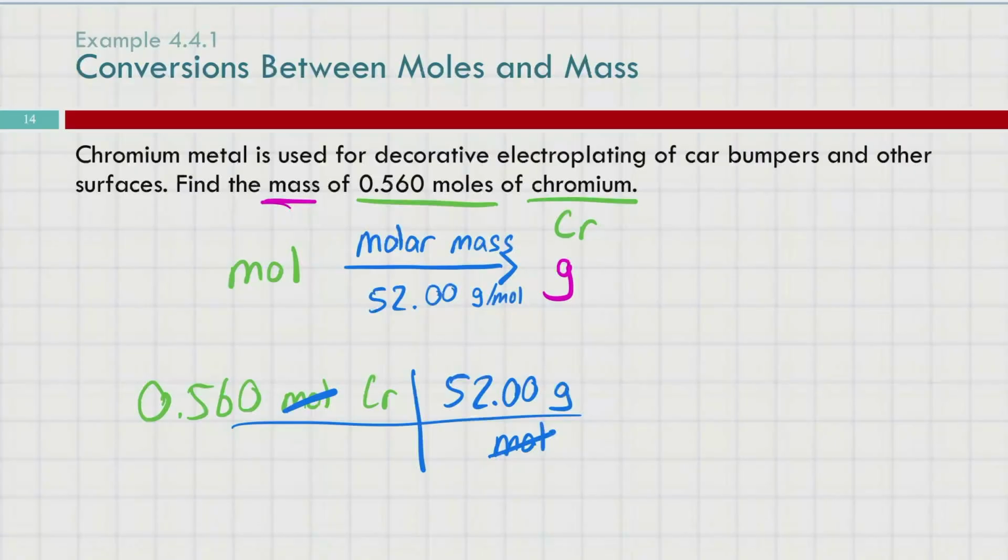And we would be left with units of grams Cr. So 0.56 times 52. Calculator says 29.12 grams chromium. Round that down to 29.1 grams chromium.